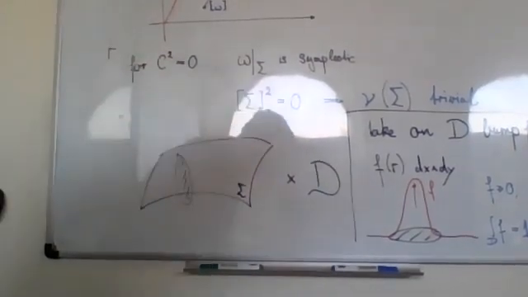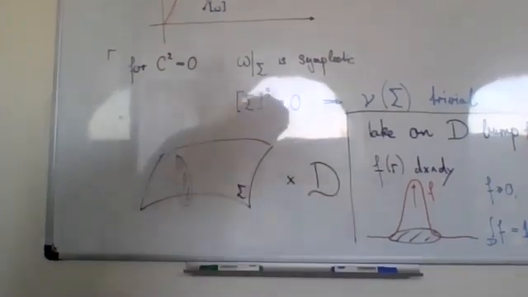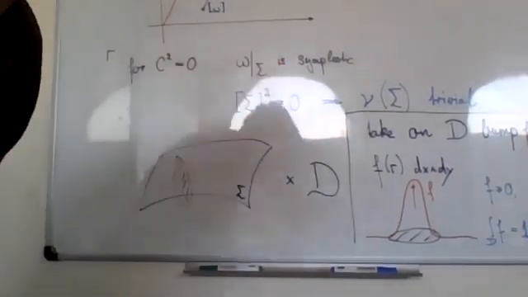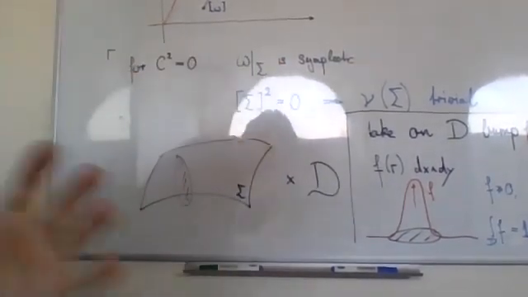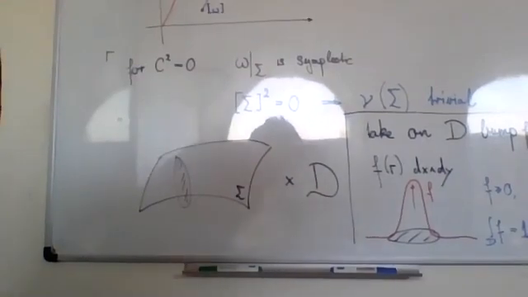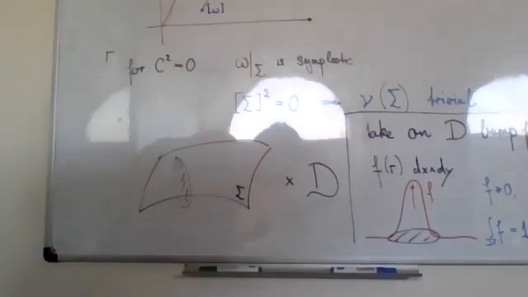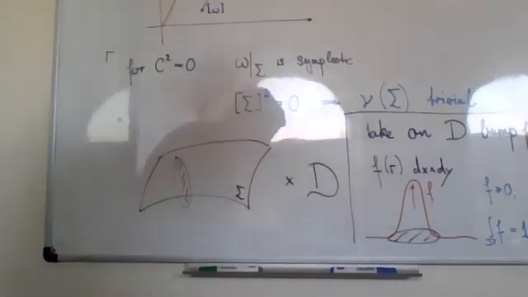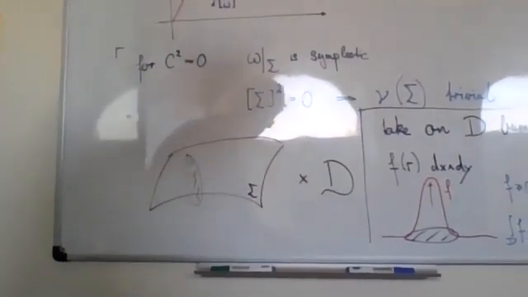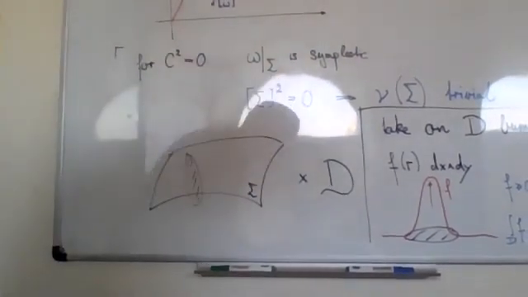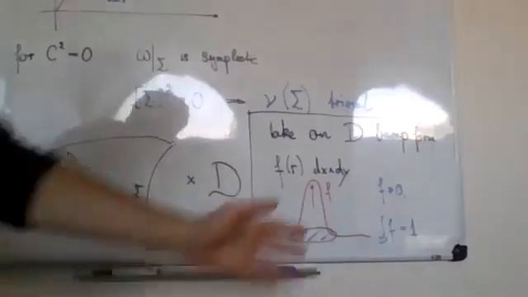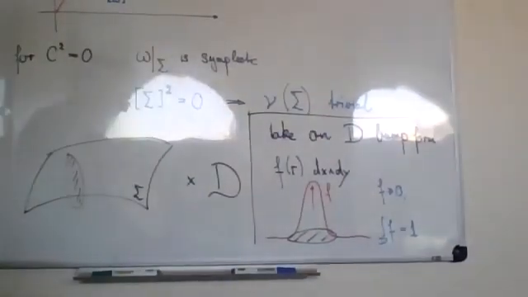We know that omega restricted to sigma is symplectic, because sigma is a holomorphic curve, the holomorphic representative of the class C. And we also know that sigma squared is 0, so the normal bundle is trivial.